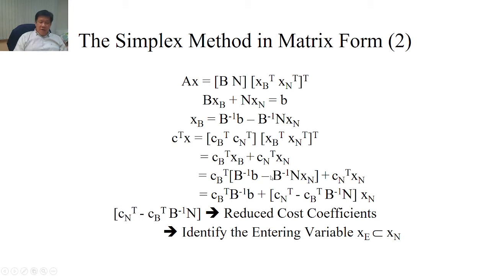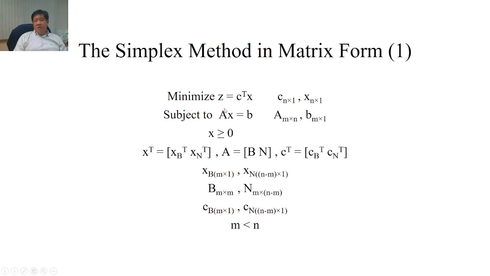At the same time, it identifies the optimality condition: if all reduced cost coefficients are greater than or equal to 0, it means that you are reaching the minimum value of the minimized c transpose x.